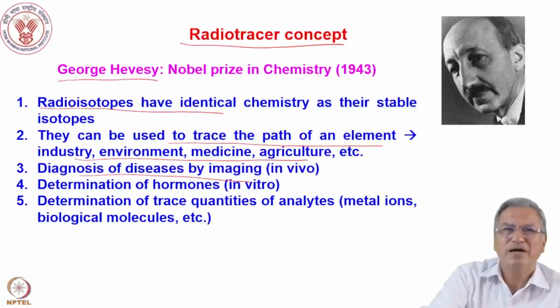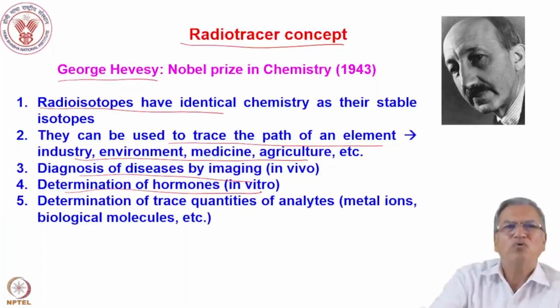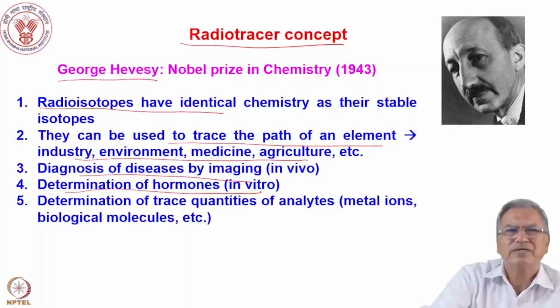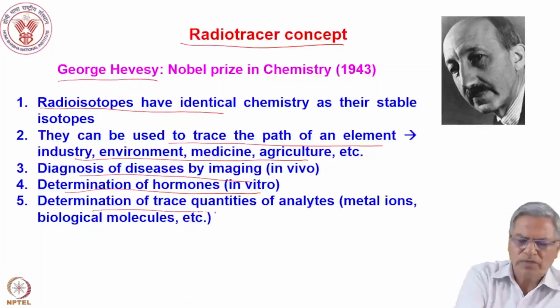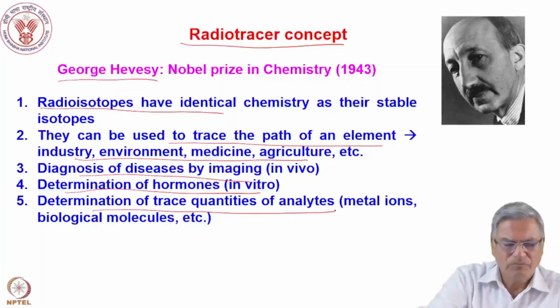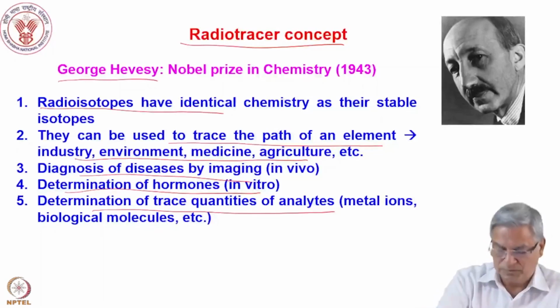Similarly, you can take the gamma image using gamma ray counters. They are used in vitro for determination of different compounds like hormones in our body. I will discuss that. You can also do trace element determinations of metal ions and biological molecules using radiotracer techniques. Some of them I will discuss in this lecture.